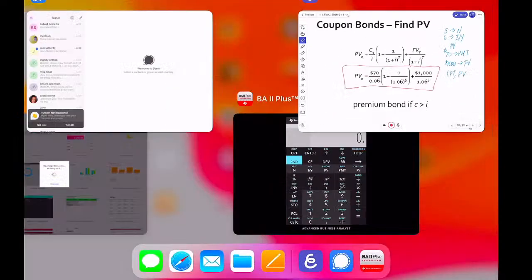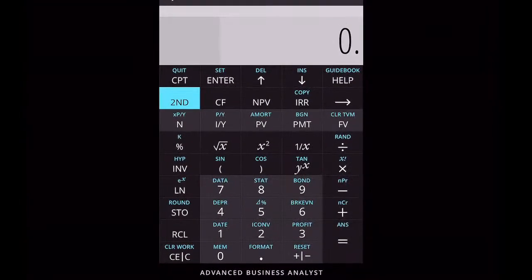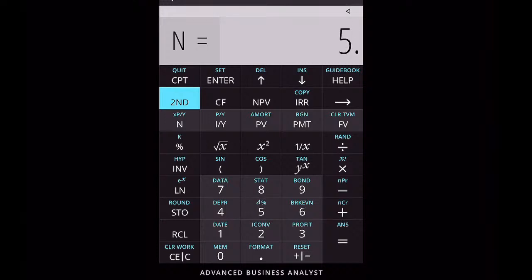Let's do it. So 5 into N, yield is 6. PV we leave blank because that's what we want to compute. 70 into payment and 1,000 into FV.